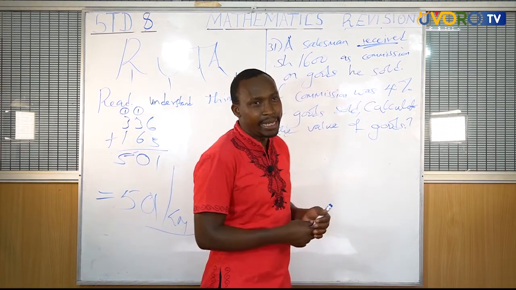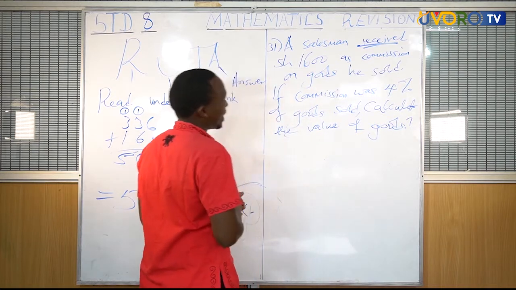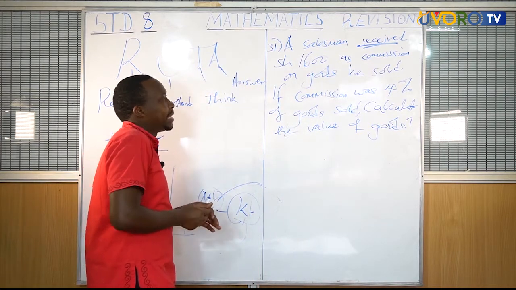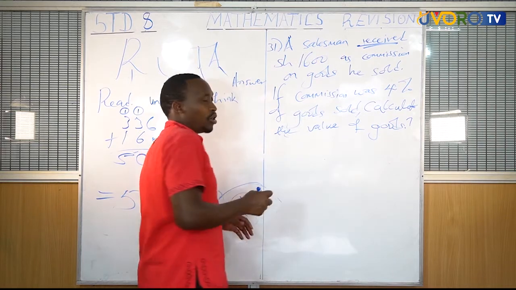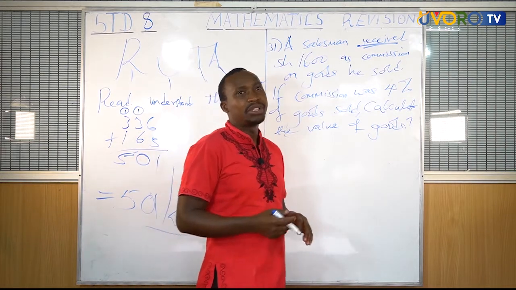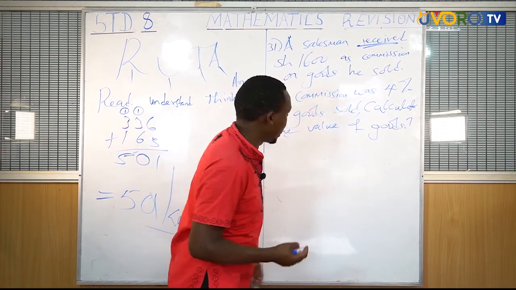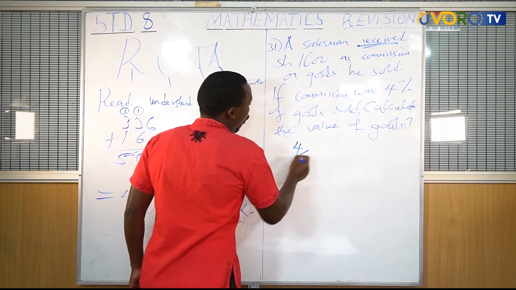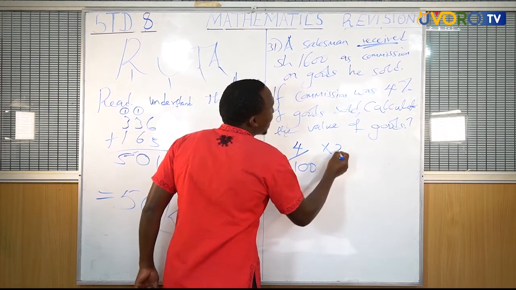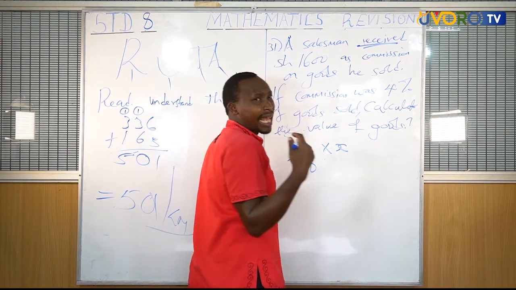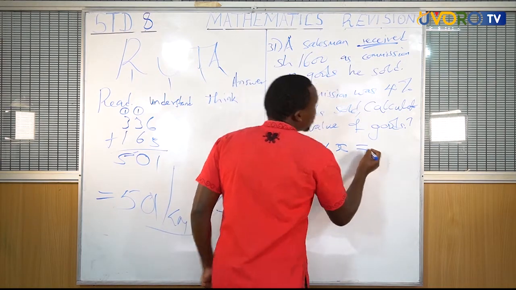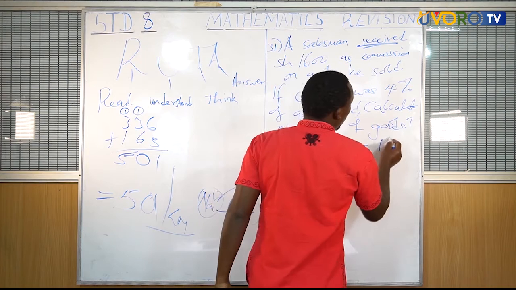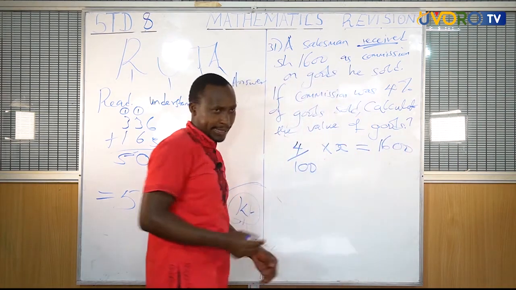How do we find the commission? Percentage commission is commission over the original times 100%. So now, it is 4 over 100 times x equals what this person was given.